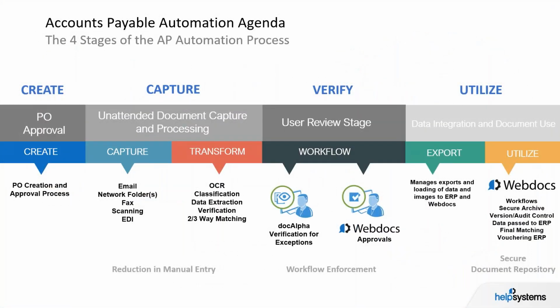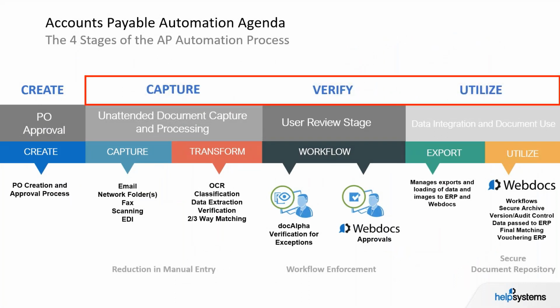A little bit more detail on this process here. So today what you're going to be seeing is we're going to be covering the capture, the unattended document capture and processing. So being able to capture documents from different sources, transform that data, meaning taking that information, OCRing it, classification of the document, and then doing full data extraction and verification to two- and three-way matching process.